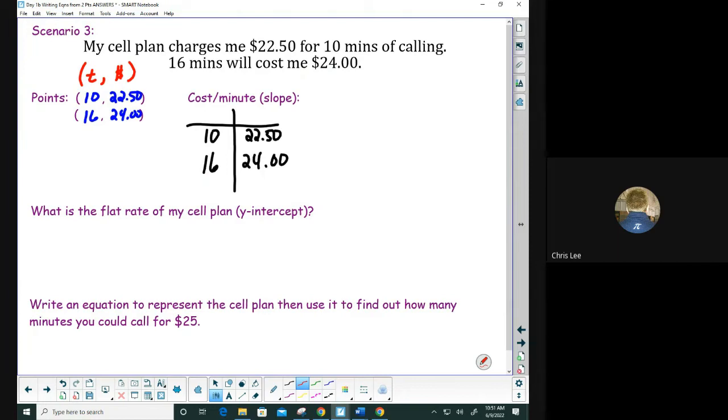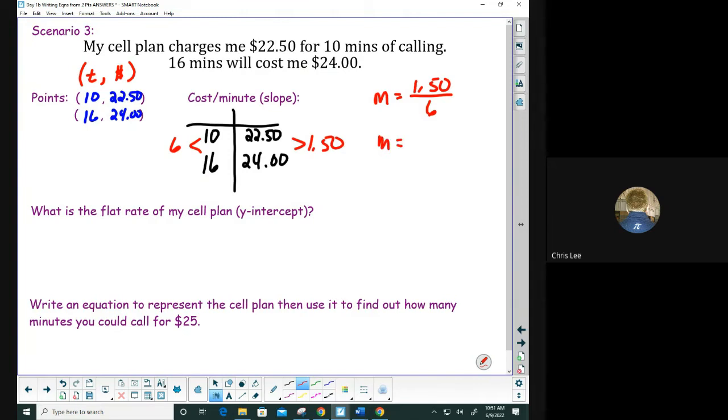How much of a jump from $22.50 to $24? $1.50. Good. Okay, and how many minutes? 6 minutes. That's $1.50 for 6 minutes. Let's figure out how much it is a minute.